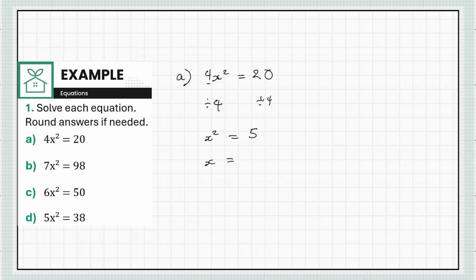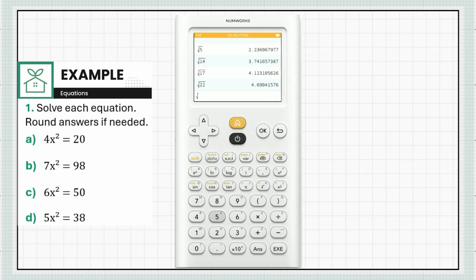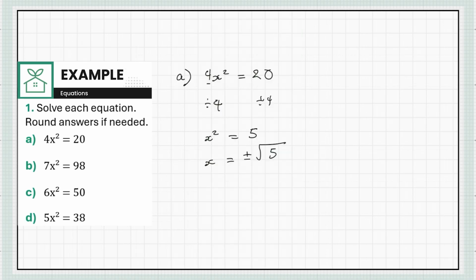That means x is equal to plus or minus the square root of 5. Go back into your calculator, do the square root of 5 and hit execute. 2.236.